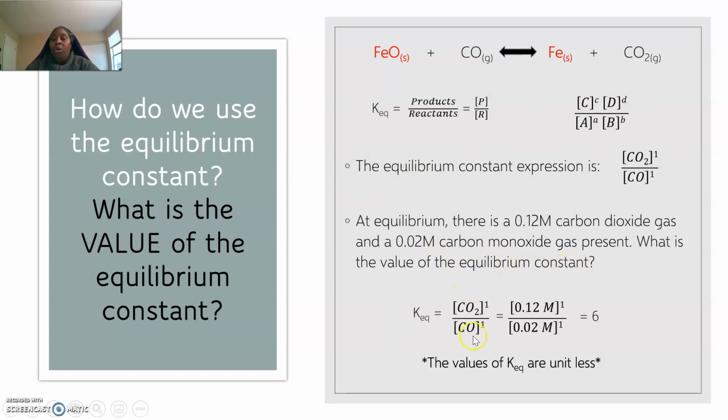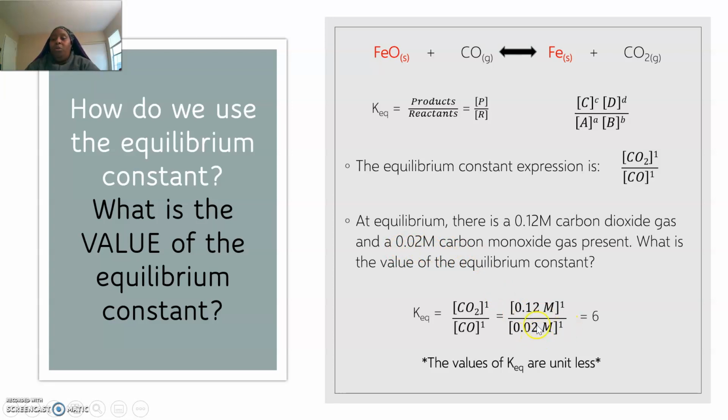All right, so we'll set it up. Remember, our equilibrium constant is going to equal the product raised to its coefficient over the reactant raised to its coefficient. All we're going to do is plug in the numbers. The problem says that our concentration of carbon dioxide gas is 0.12 molar, and our concentration of carbon monoxide gas is 0.02 molar.